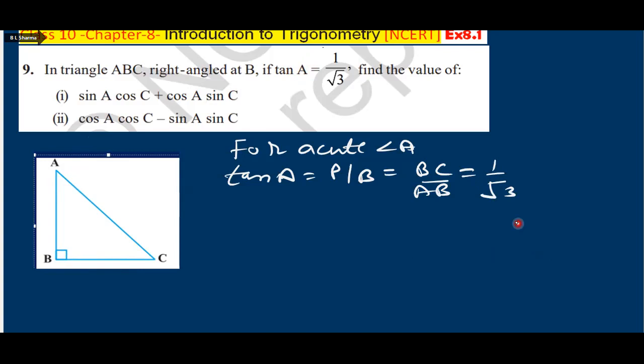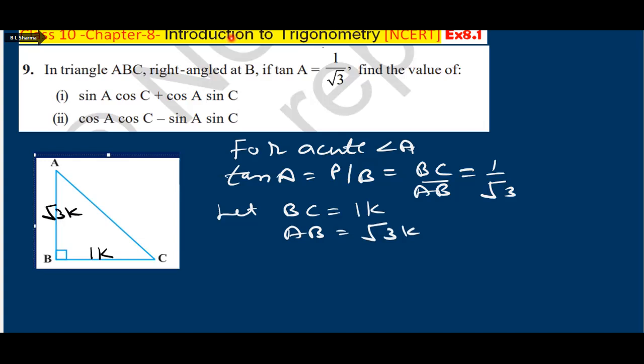Yes. So let BC is equal to 1K. Then means AB will be root 3K. Here you see that is 1K. Perpendicular is 1K. Then base is equal to root 3K.